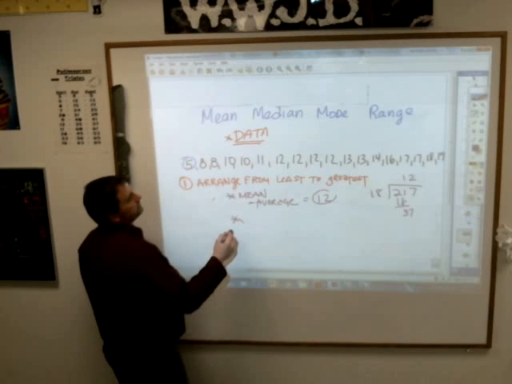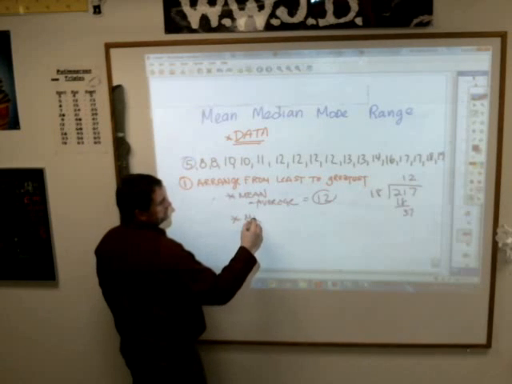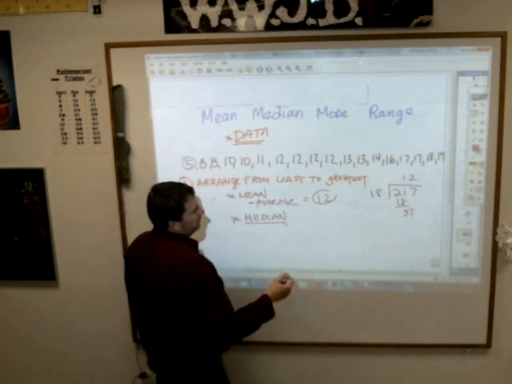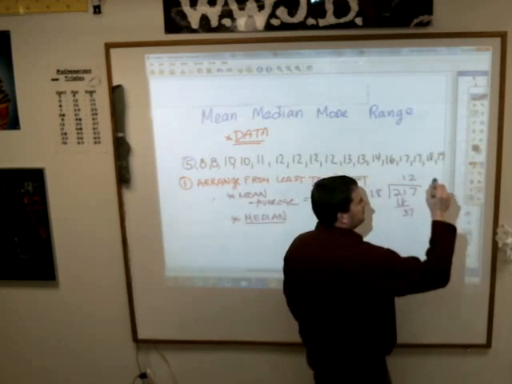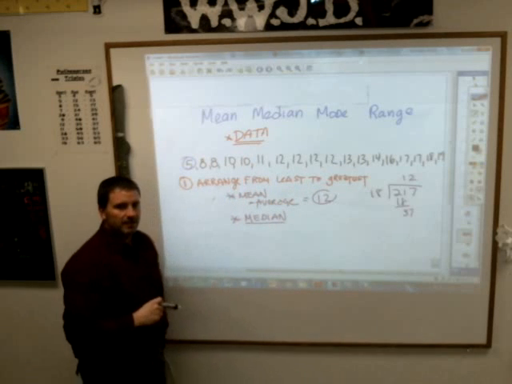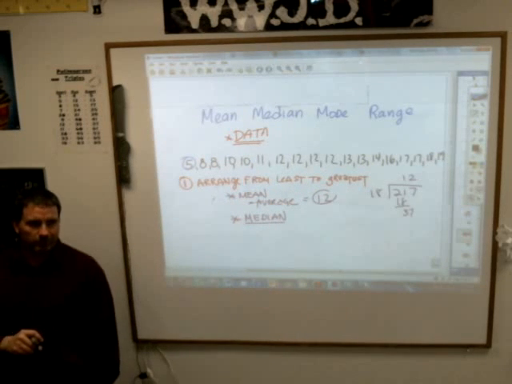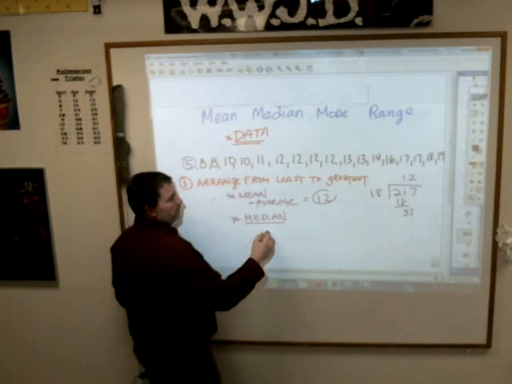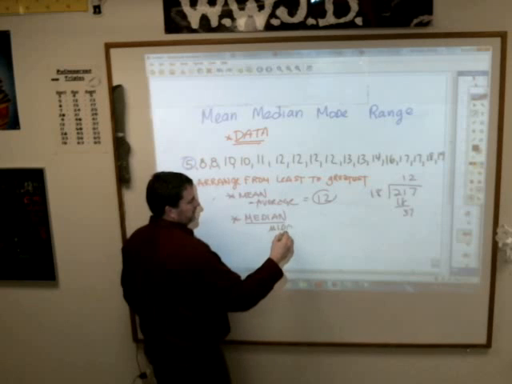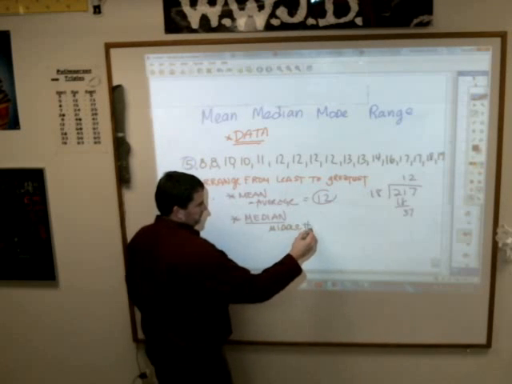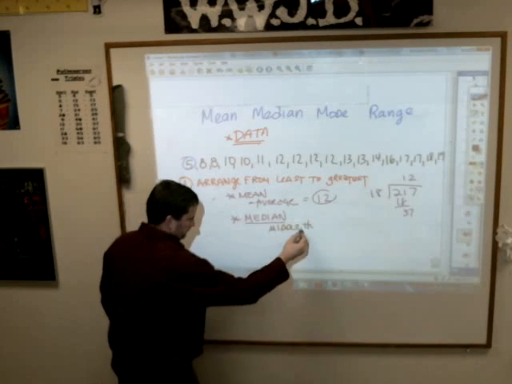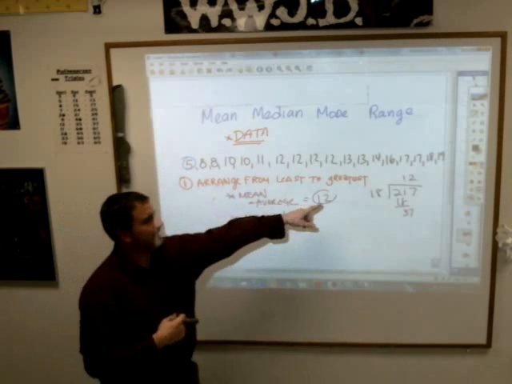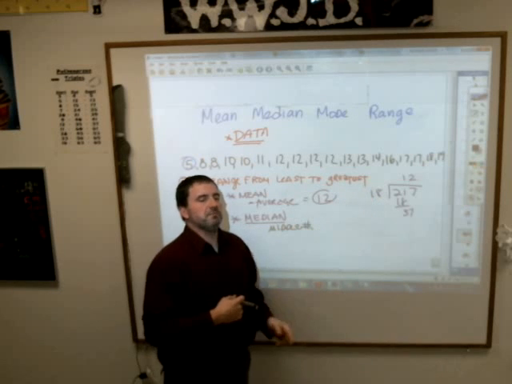The second one is the median. It's good to think about where you have heard these words before. It gives you a little clue as to what the word actually means. Anybody ever heard of a median before? Kyle Westfall? Okay, it's the middle of the road. When you're driving, it is the middle. So it is the middle number. How many numbers did I have? I counted them up for you. There were 18 of them. Where's the middle of 18?